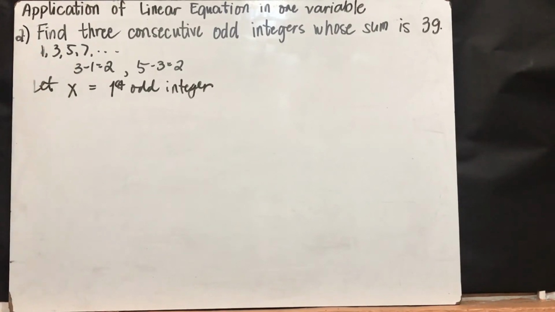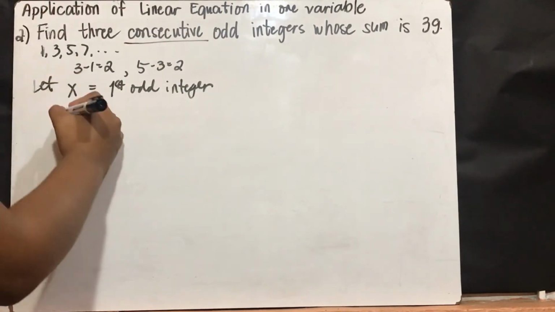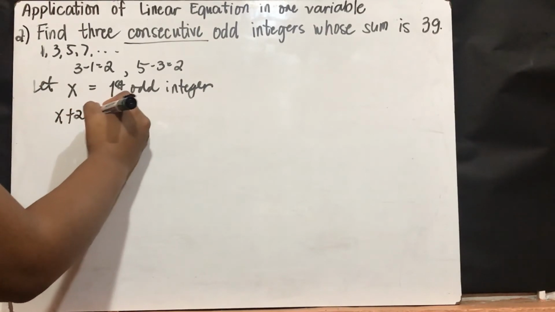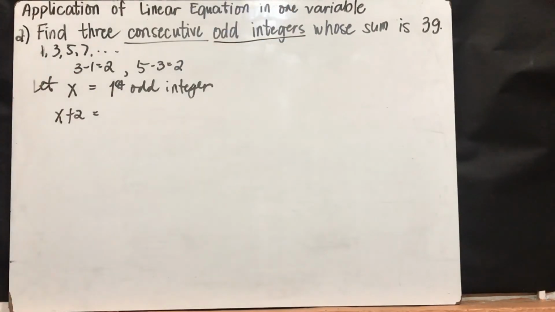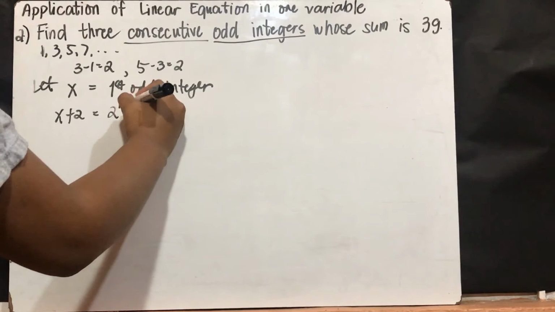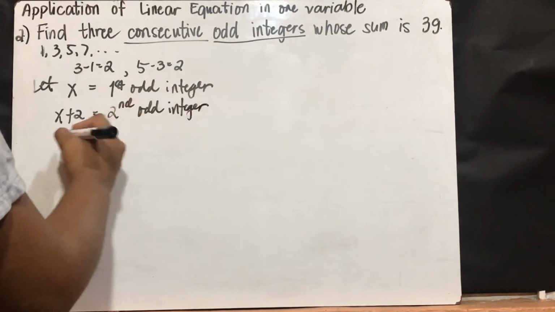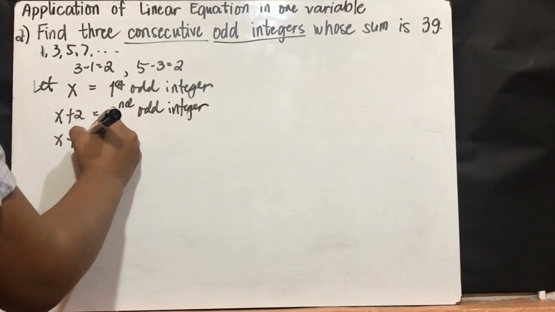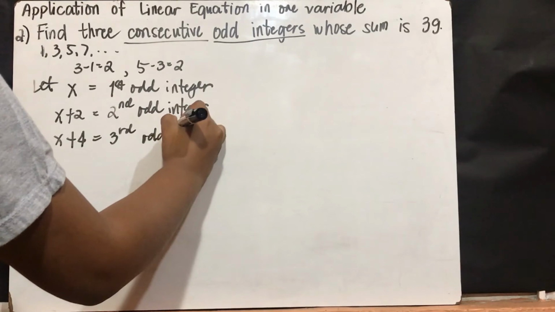And then, since 2 yung common difference nila, and we are talking about consecutive, so your second number should be x plus 2. Para masatisfy mo yung sinasabi niya o yung hinahanap niya na odd integers. So, we have x plus 2 as the second odd integer. And finally, we have x plus 4 as the third odd integer.